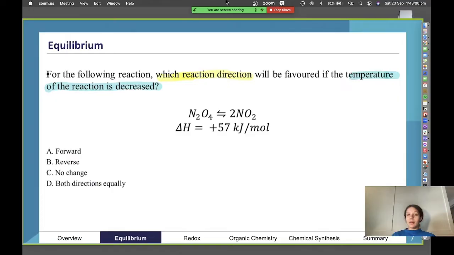So if you want to think about the actual equation that we've been given, we want to try and figure out what's happening with our temperature here. So it's really important that they have given us the delta H value, because that's going to give us important information about what kind of reaction we have. So because this value is positive, that means we have got an endothermic reaction.